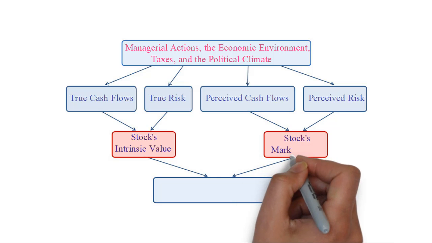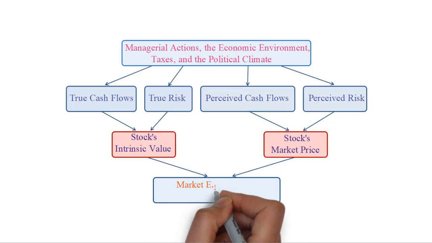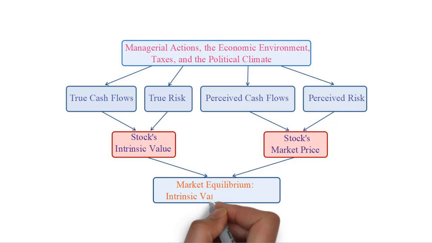The market price is the actual market price based on perceived but possibly incorrect information as seen by the marginal investors. When a stock's actual market price is equal to its intrinsic value, the stock is in equilibrium. Market price can and does differ from intrinsic values.